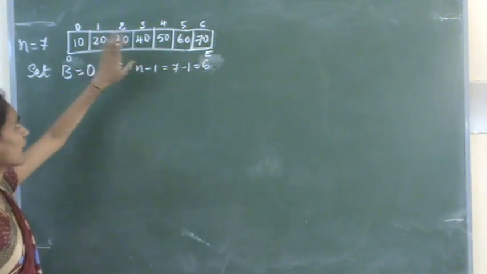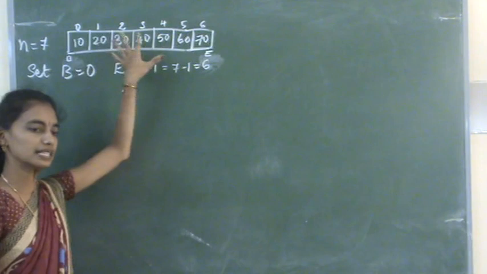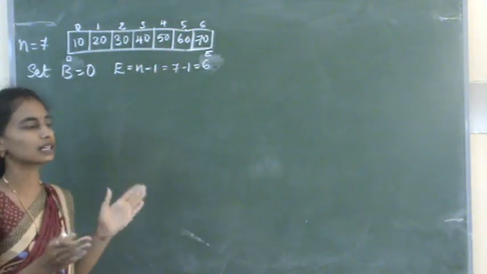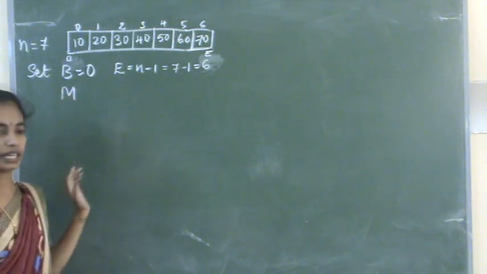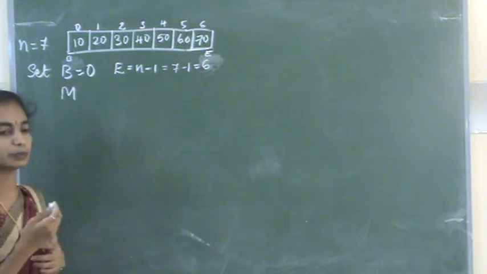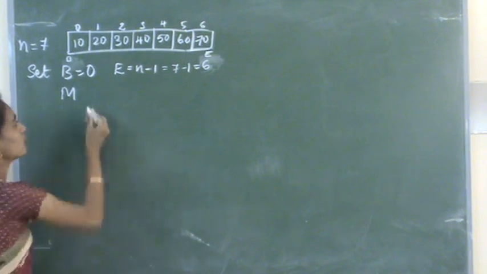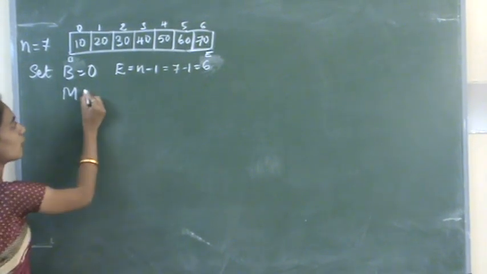So now we have to divide this array into two halves. For that we are using the mid position. So this is m, we call it the mid position or middle of the array. How do we find the middle of the array?